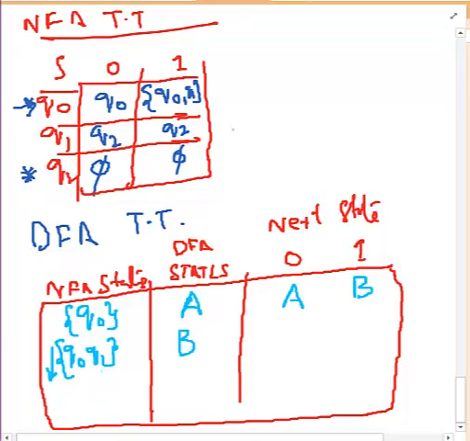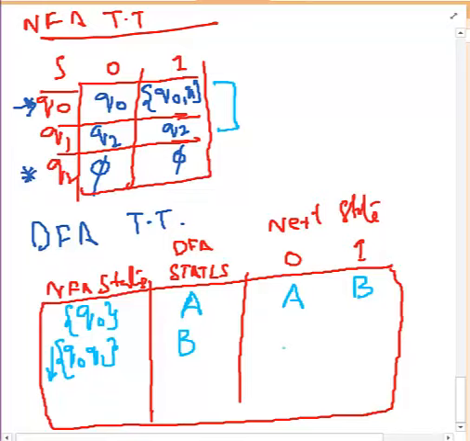Now I have to take these two together, Q0 and Q1, and we're going to see on 0 where I can reach, because from Q0 on input symbol 0 I can reach Q0, and from Q1 I can reach Q2. So from these two I can reach Q0 Q2 on 0.